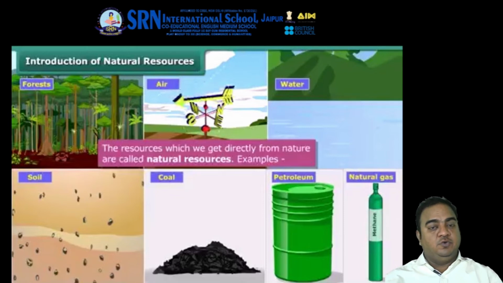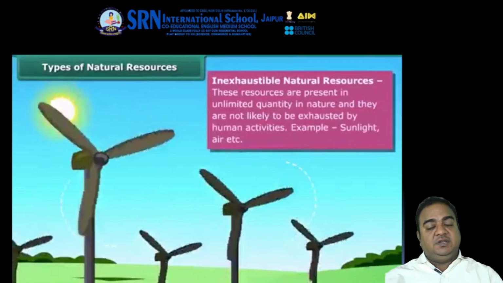Also coal, petroleum and natural gas are natural resources which are easily available to us. Natural resources are also called inexhaustible resources. These resources are present in unlimited quantity in nature and are not likely to be exhausted by human activities.